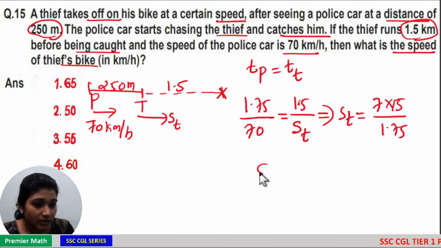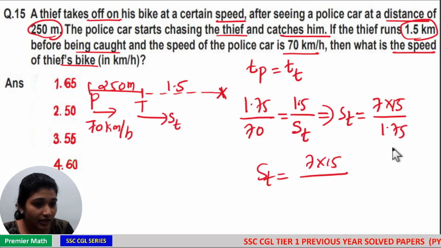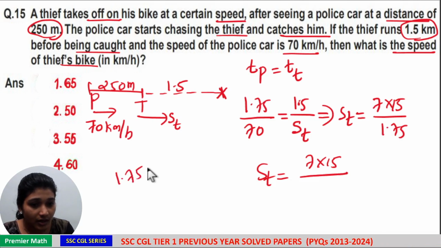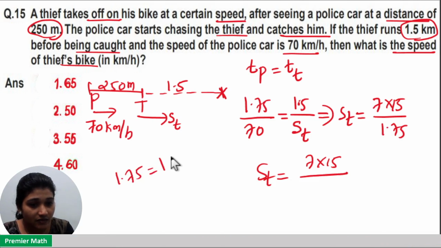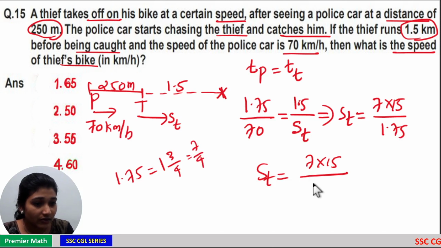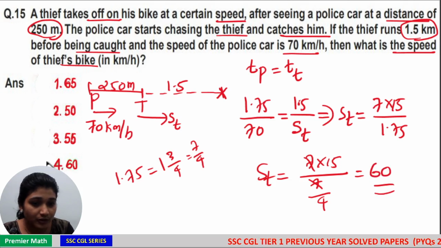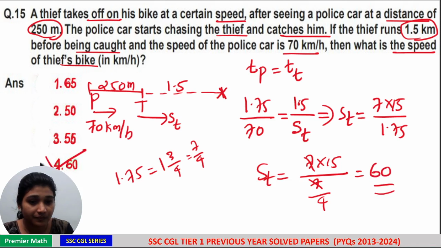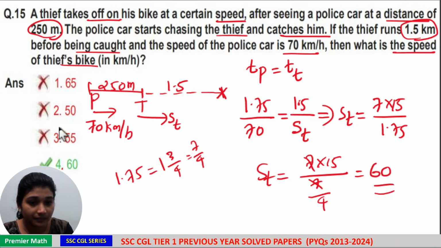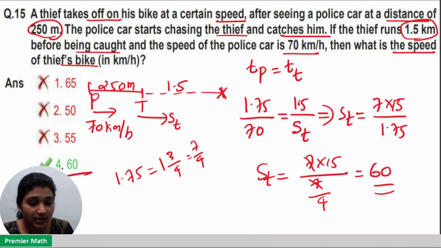Now speed of thief is 7 into 15 divided by 1.75. 1.75 I can write as 1 and 3 by 4, which is equal to 7 by 4. So 1.75 means 7 by 4. Now 7 and 7 cancel. 15 into 4 is equal to 60. So option 4 is your answer. Speed of thief is equal to 60 km per hour.